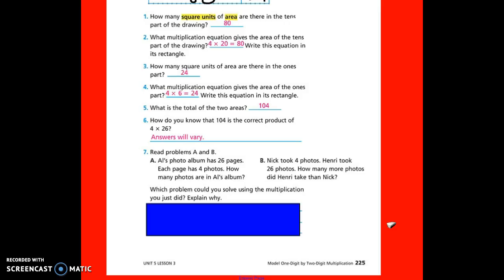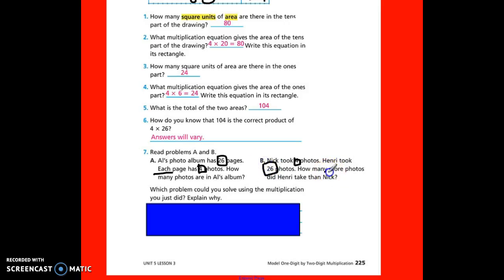So which of these asks us to do multiplication? When I look at these types of questions, I like to figure out my key words. Al has 26 pages, and it says each page has 4 photos. How many photos are in Al's album? Versus over here, Nick took 4 photos, Henry took 26 photos.